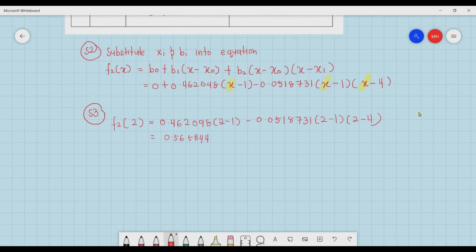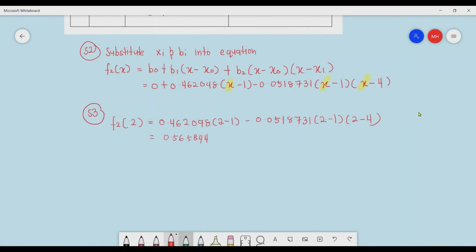After that, you have to calculate the relative error. Relative error is given by actual value minus estimated value over actual value, multiply 100.